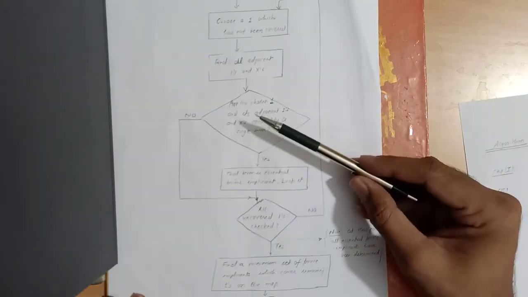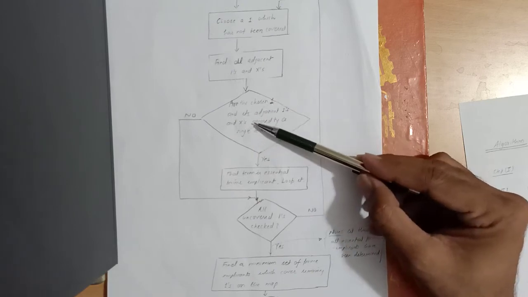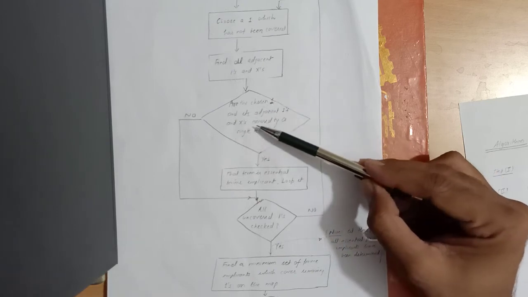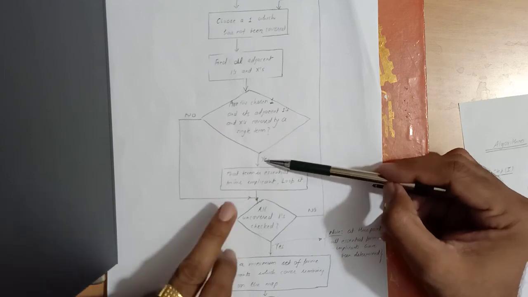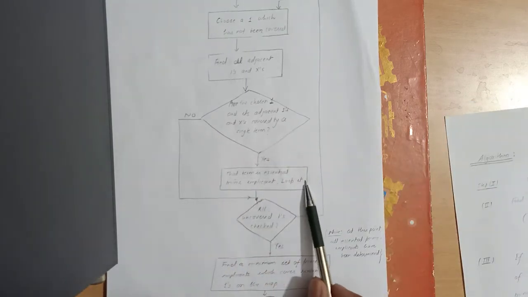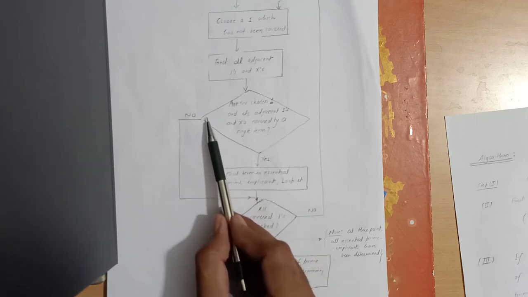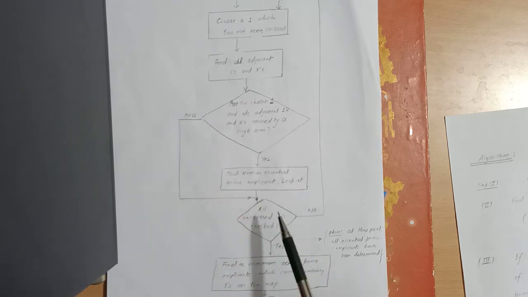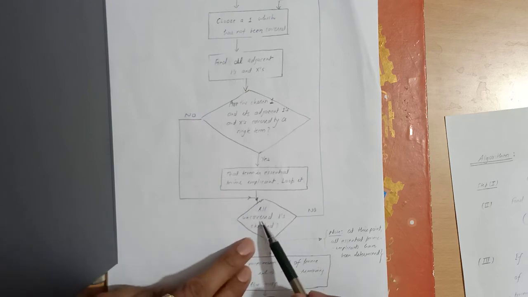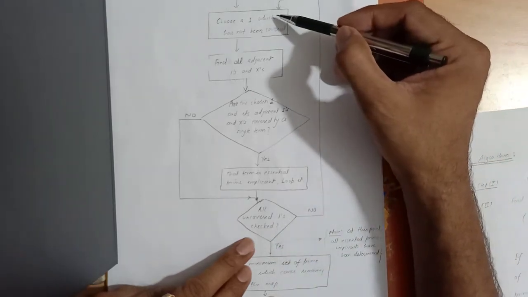If the chosen one and its adjacent ones and x are covered by a single term, then that term is an essential prime implicant and we loop it. If not, then we check whether all uncovered ones are checked or not. If not, then we again choose a one.